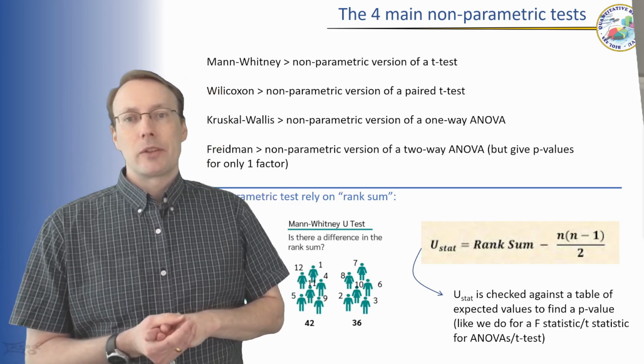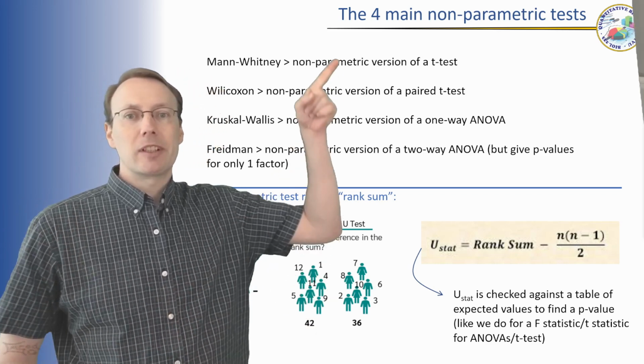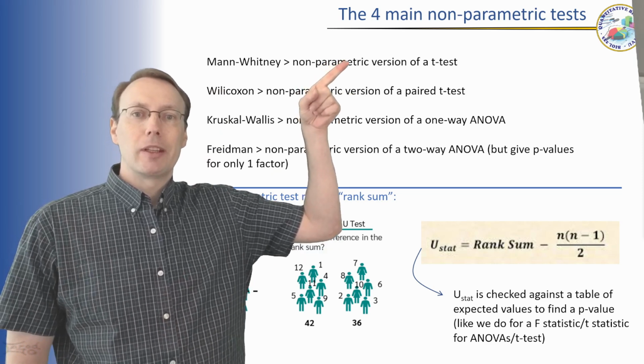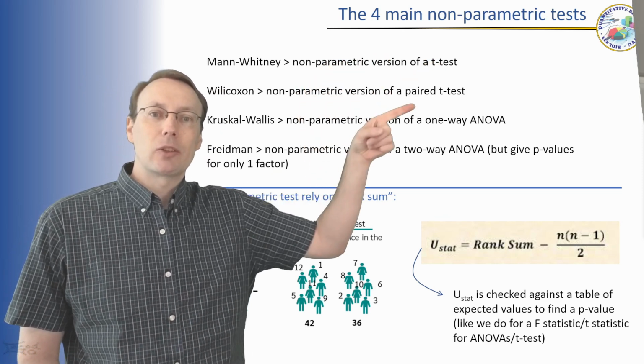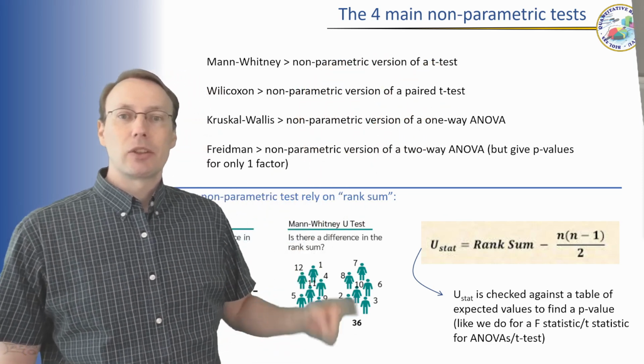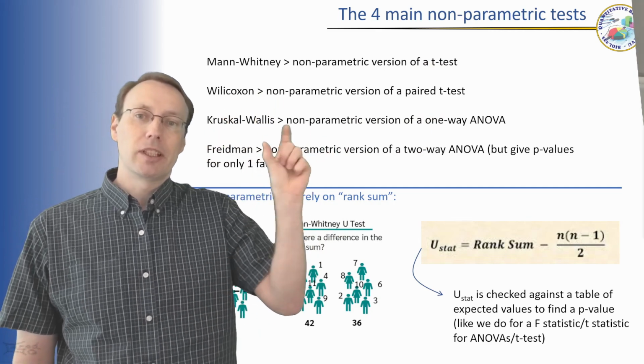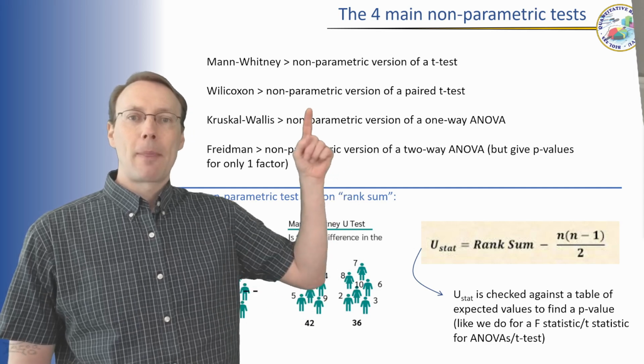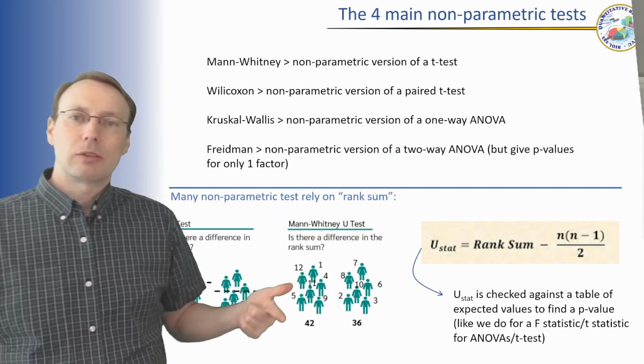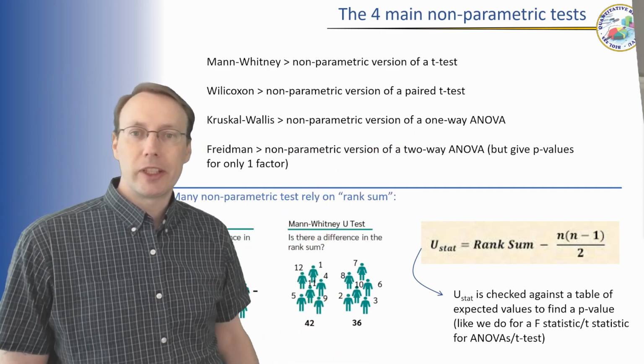So don't get confused by that. But basically, they correspond to a t-test or a paired t-test. Okay, so the fact that it's signed here means that you take the difference between the two values. So Wilcoxon or Mann-Whitney, they're the equivalent of the t-test.